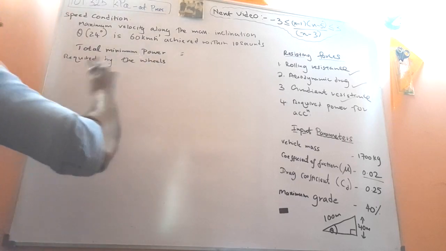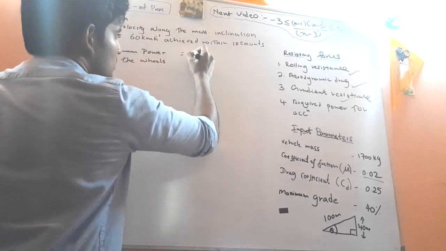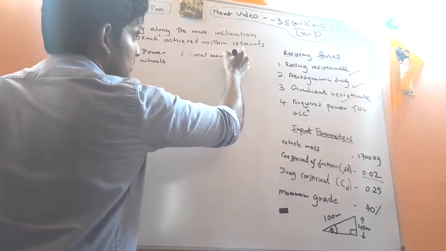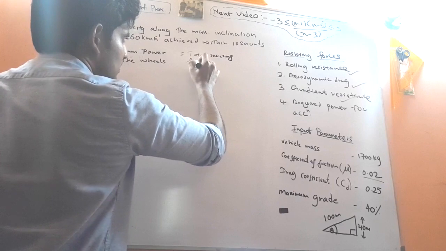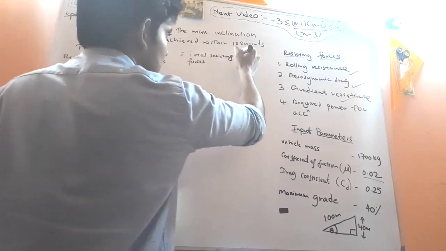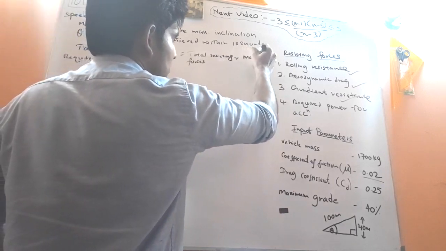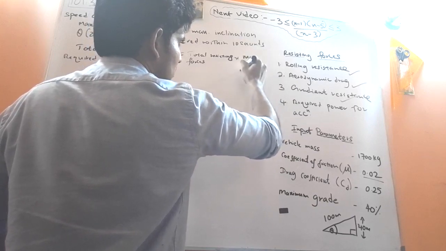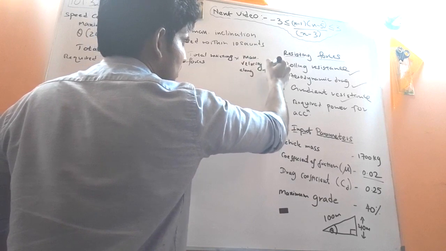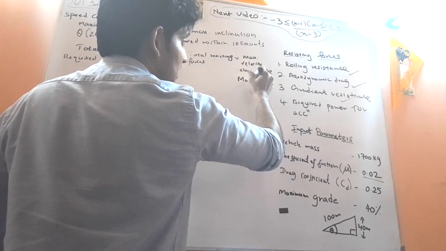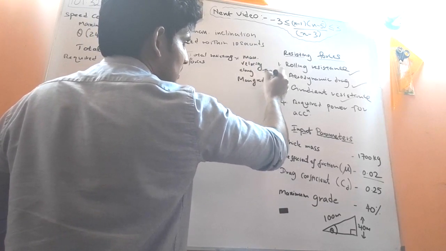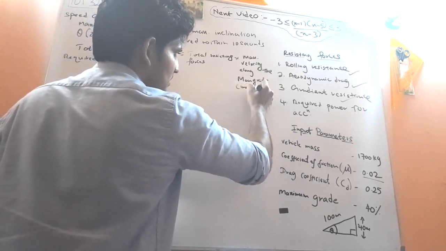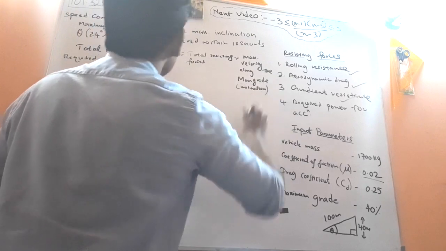So what is that? That equals total resisting forces multiplied by the maximum velocity along the maximum grade, or you can say inclination, right?